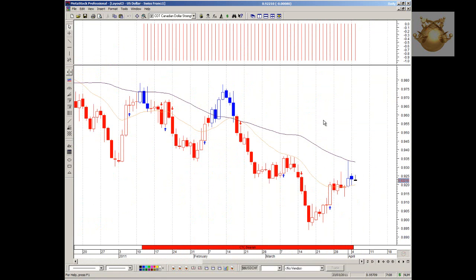Next up is the Swiss franc, US dollar against Swiss franc, and yesterday, similar to both these two pairs, the euro and sterling, more movement but indecisive nonetheless. This pair has tested a prior support area, and we did see the Swiss franc trading higher than that support area yesterday after a number of days of failing to break higher than the 0.92500 mark.